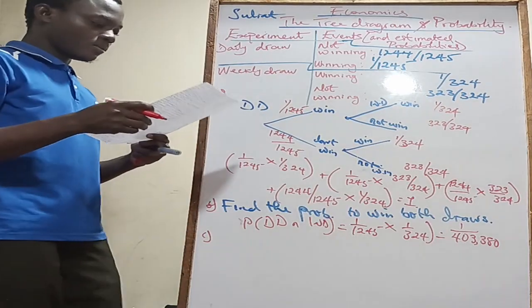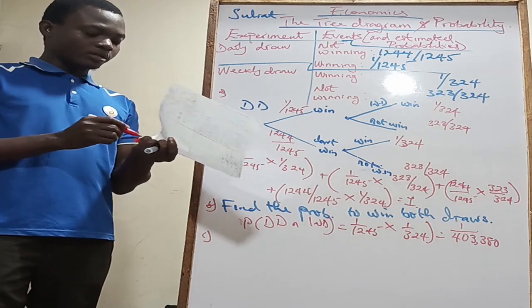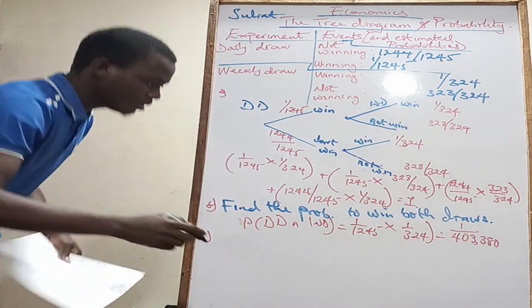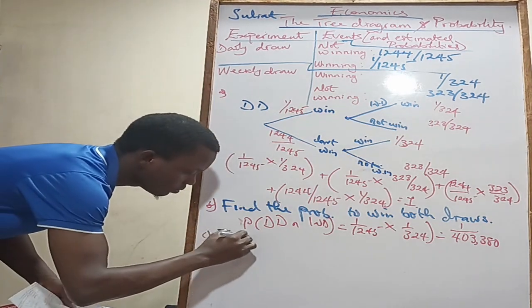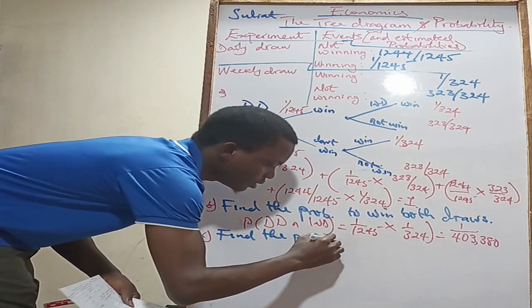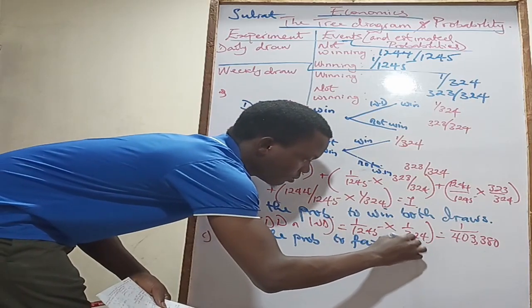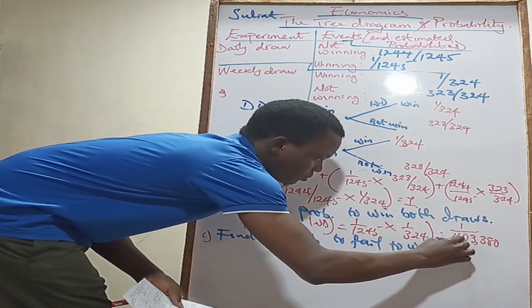She says, find the probability that she fails to win either draw. So find the probability to fail to win either draw.